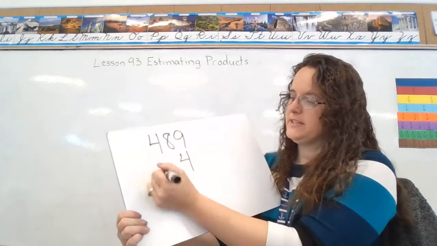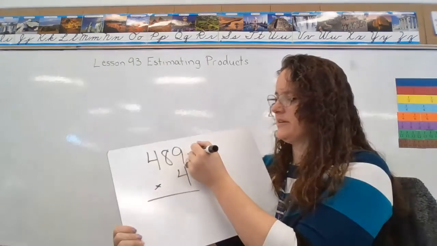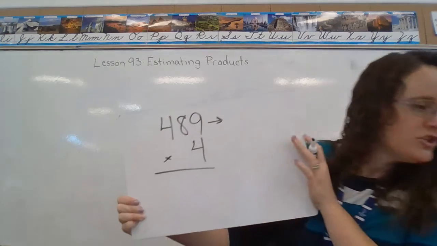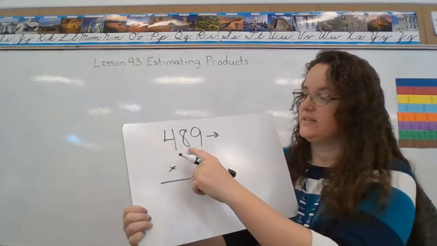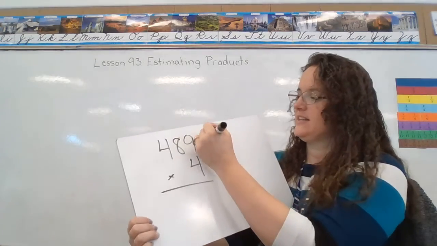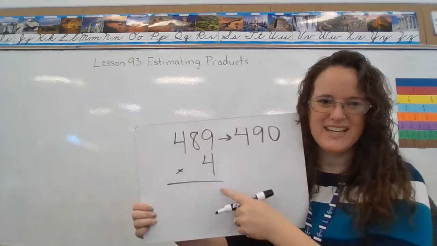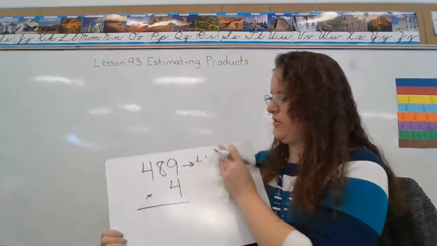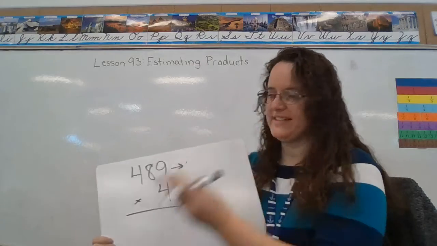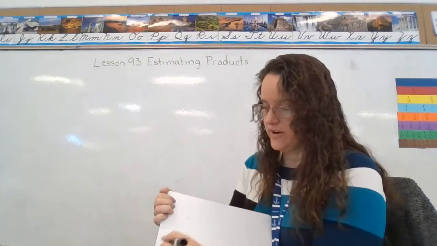So we want to multiply, but I definitely don't want to multiply that number. So I'm going to round. You could round to the nearest tens. That's going to give you 490. Do you want to do that times 4? I don't. So remember, the point of estimating is to make it super easy to do it in your head.